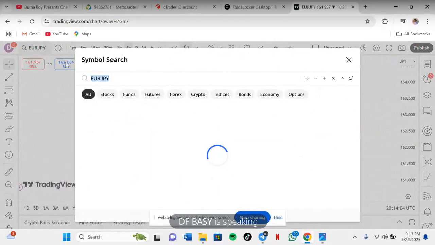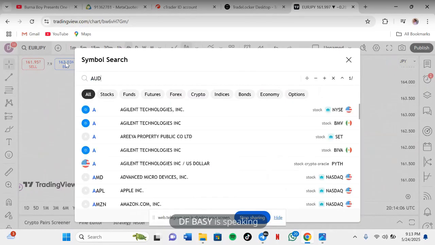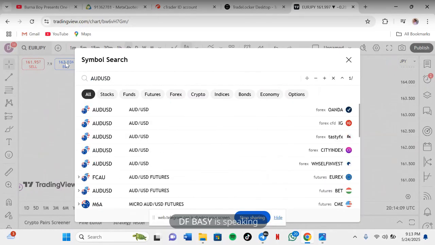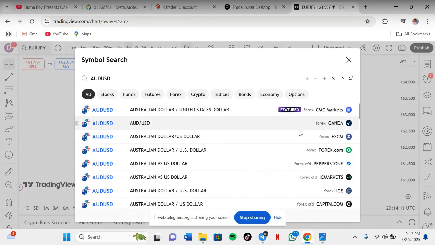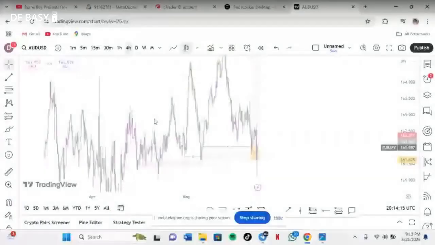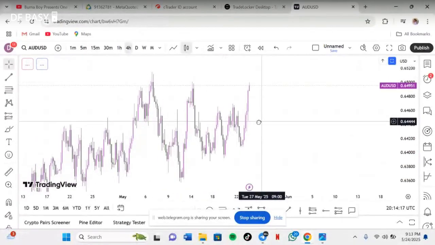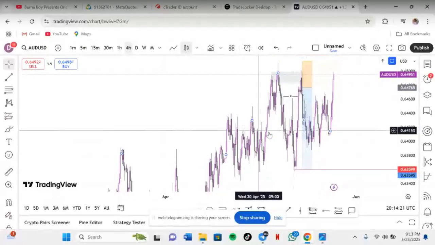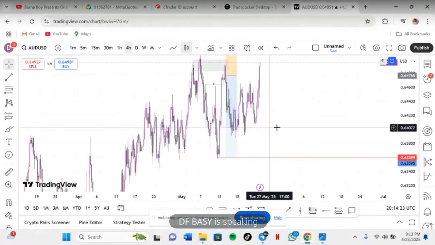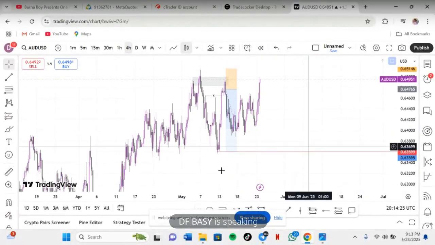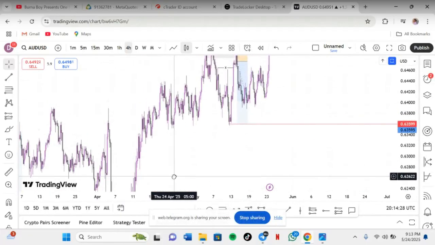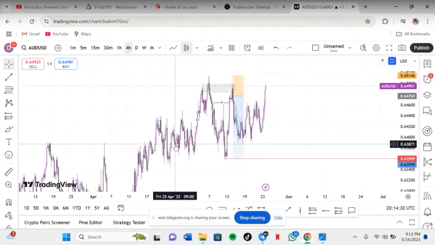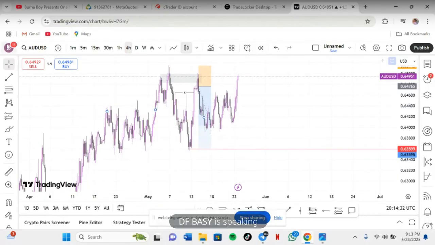Let me go to AUD/USD. So this is AUD/USD.